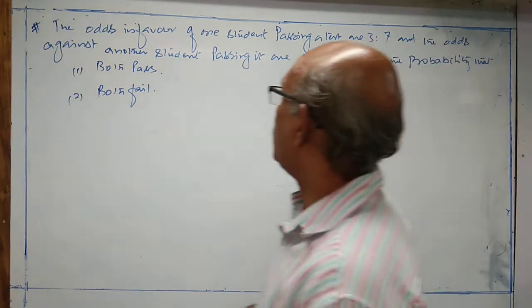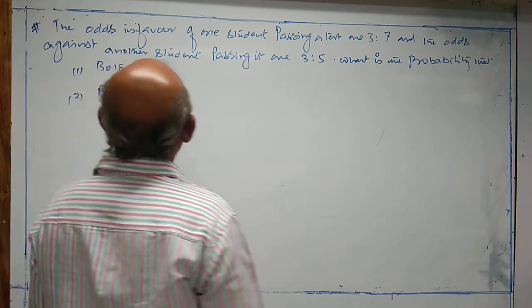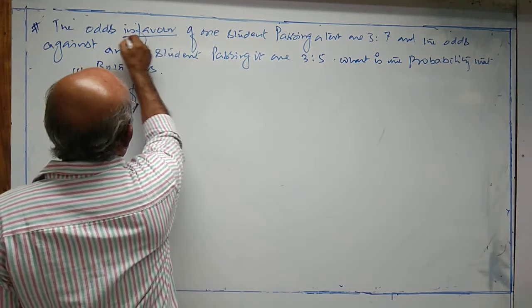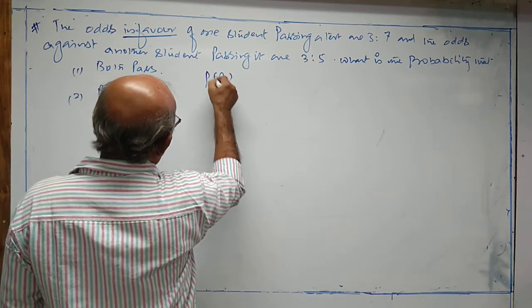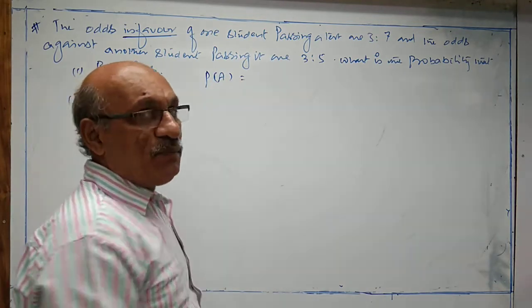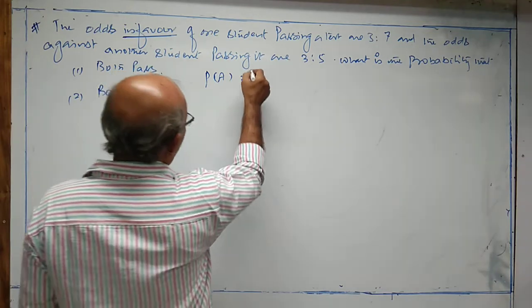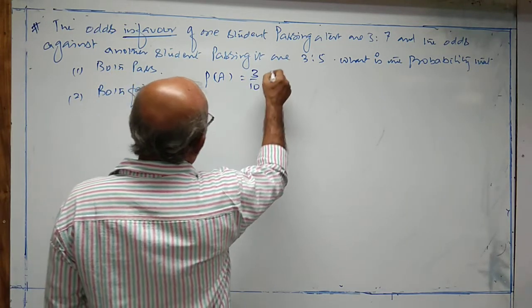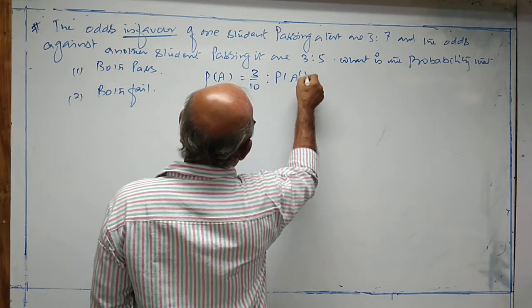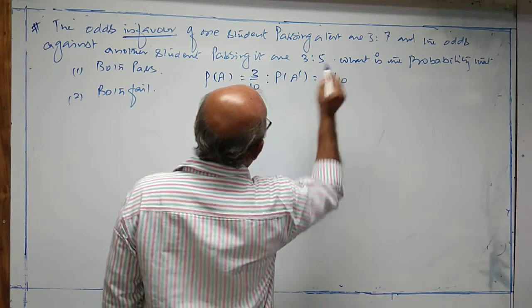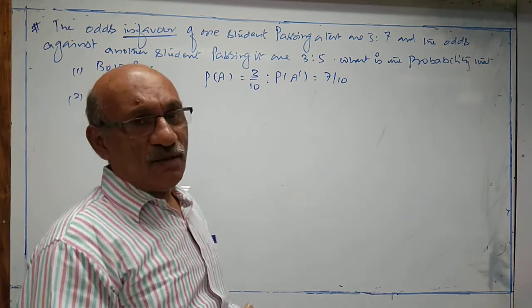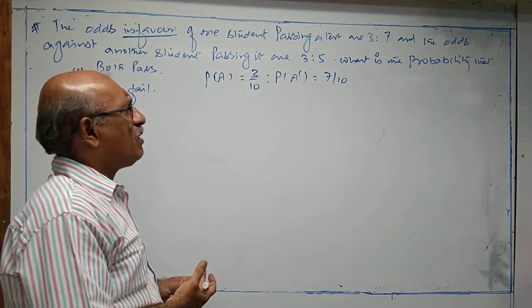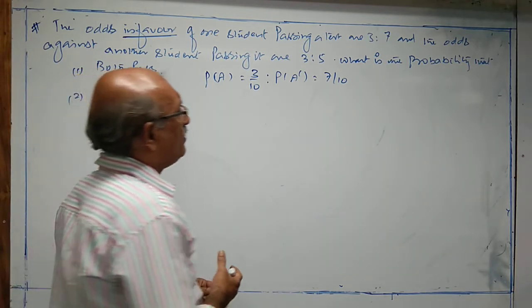Okay, sir, see the question. The odds in favor of one student passing the test. Let us take the first student as A. P of A to pass the exam is 3/10. P of A complement, not passing the exam, is 7/10.